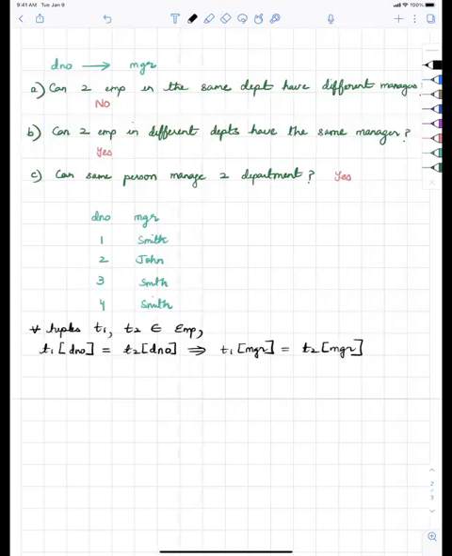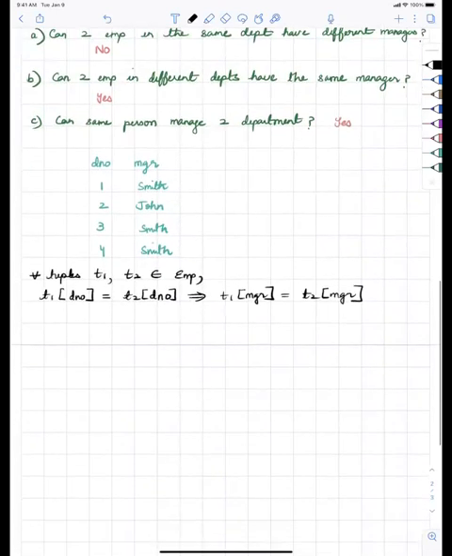What I wrote down in relational calculus is the meaning of functional dependency. DNO determines manager states that for two tuples T1 and T2, if the value of DNO in row 1 is equal to the value of DNO in row 2, that implies the manager in row 1 will be equal to the manager in row 2.